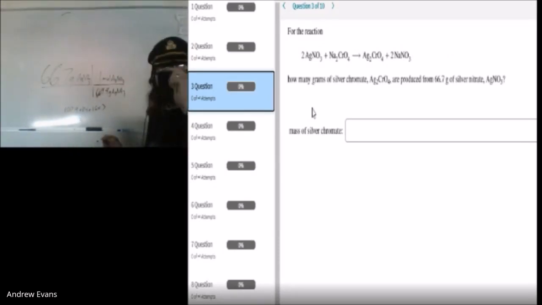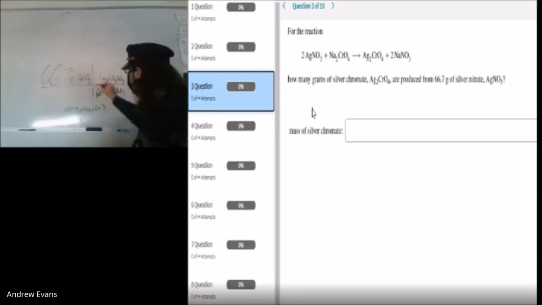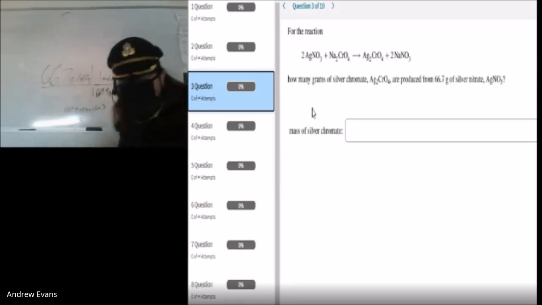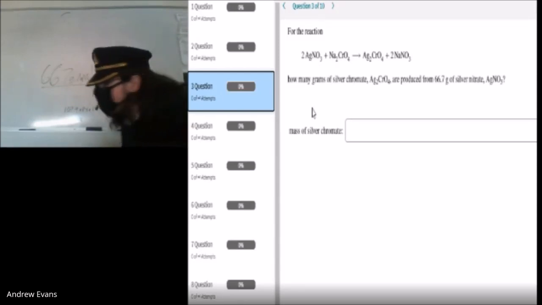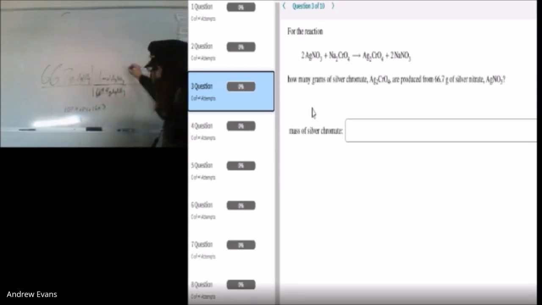I need grams and grams to cancel. So I set up grams on bottom to cancel with my grams on top. Then I look at my balanced chemical equation. For every 2 moles of silver nitrate, we would have 1 mole of silver chromate.